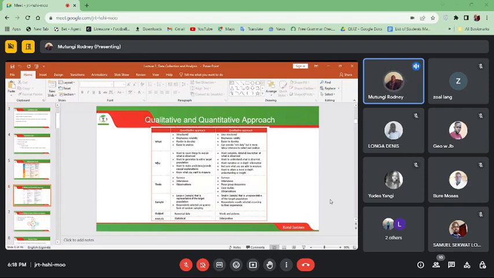So we realize that in quantitative, it is structured and there is no room for changing. But in qualitative, you can always change.